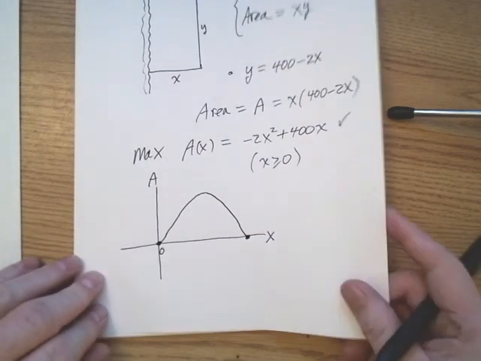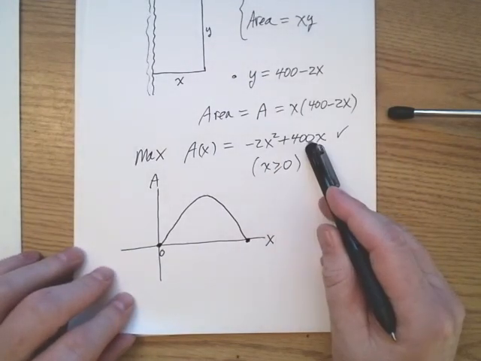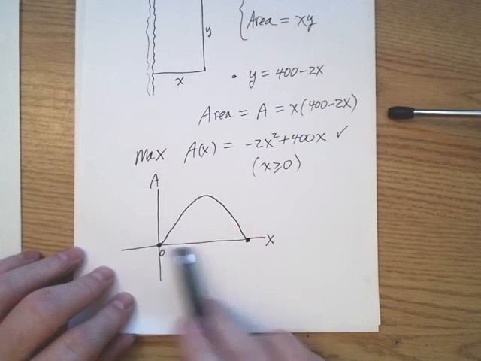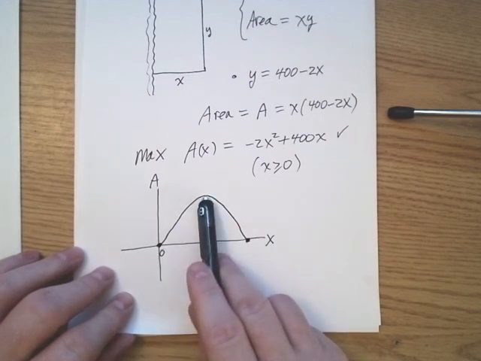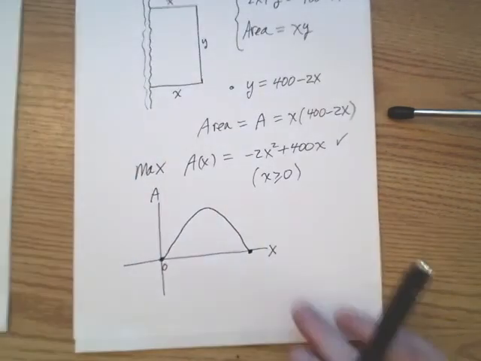Now, we could set this to 0 and solve, and then take the midpoint of those two values, and that would be the x-coordinate of my vertex. But this time, I think I'll just use our formula for the vertex. What value of x yields that maximum area?